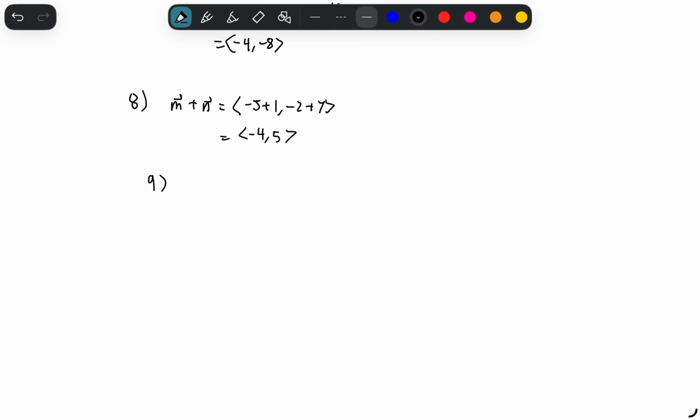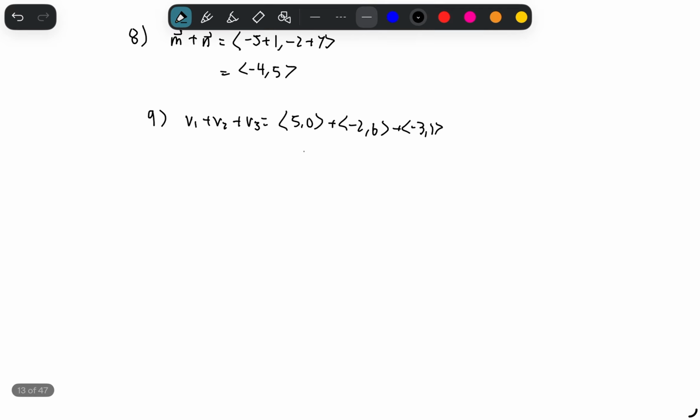Now, let's say we had these vectors. You're going to add your x components.